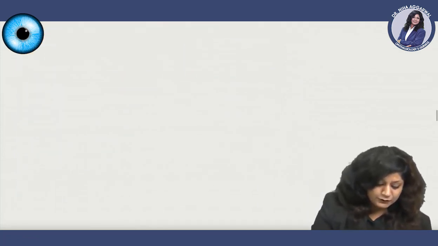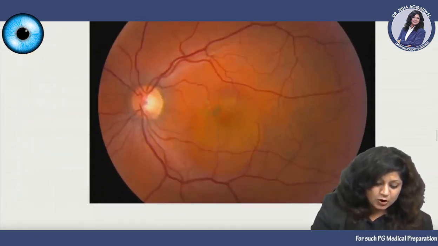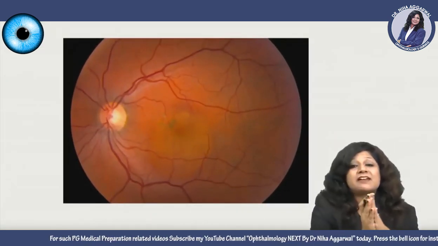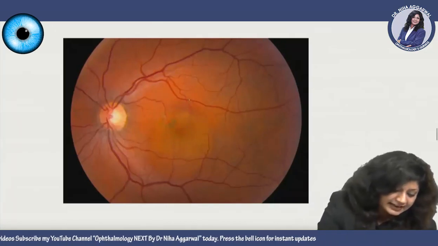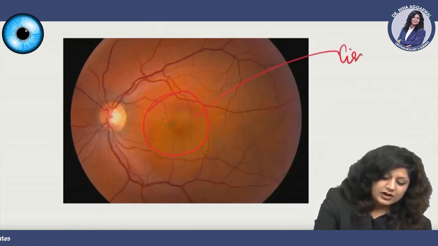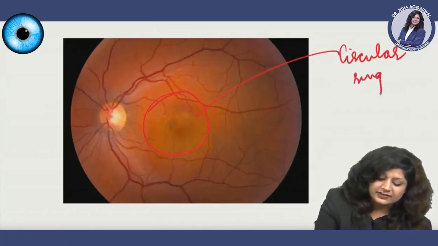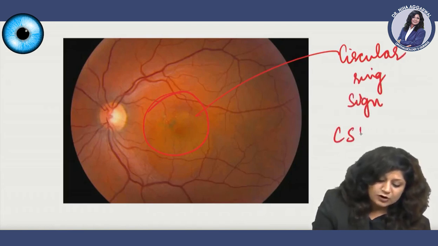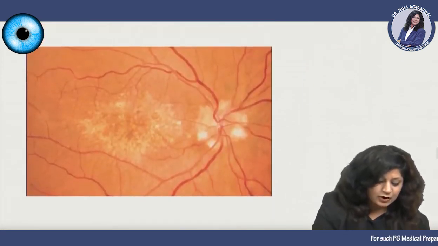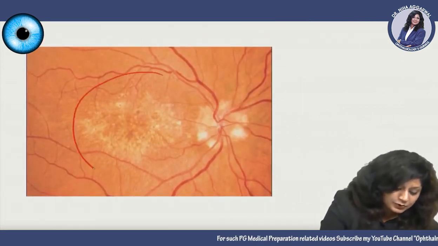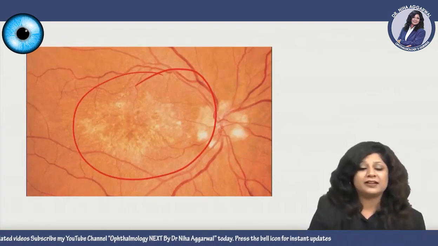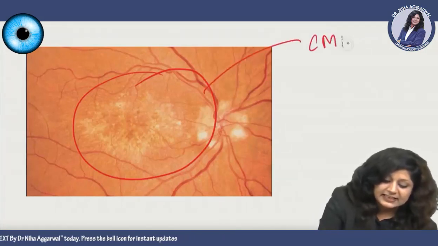Okay, but if you see the fundus of a patient who is actually having CME, now see here, this is again an elevated macula. So this is again a circular ring sign. Therefore it is a case of CSR. But I want to see the CME. Now see here. When you are able to see honeycomb spaces, a honeycomb appearance in the fundus, that means it is called CME.